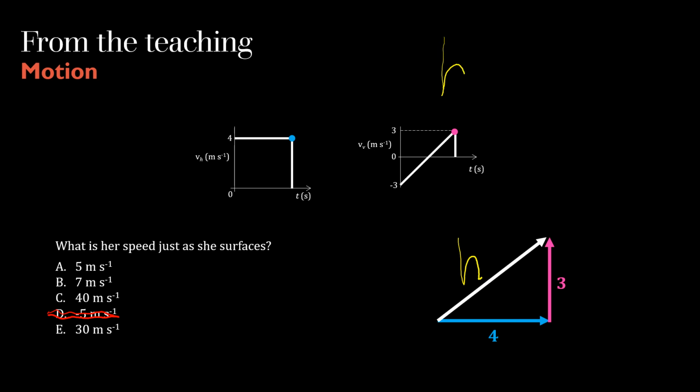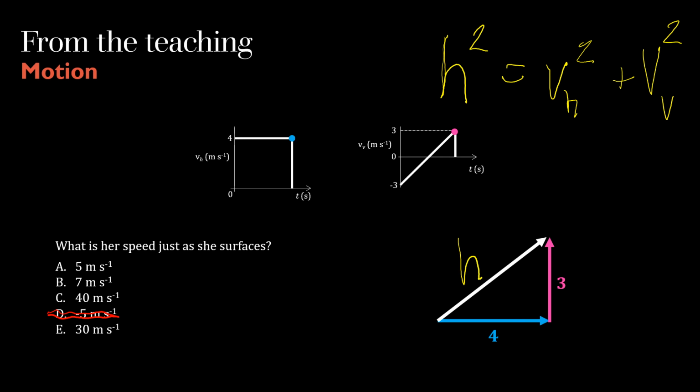Well, we know that the square of the hypotenuse, from our formula sheet if nothing else, is equal to the square of the horizontal component and the square of the vertical component.